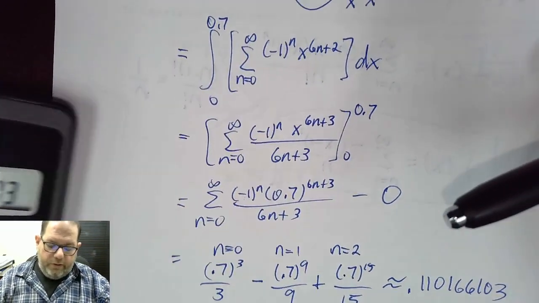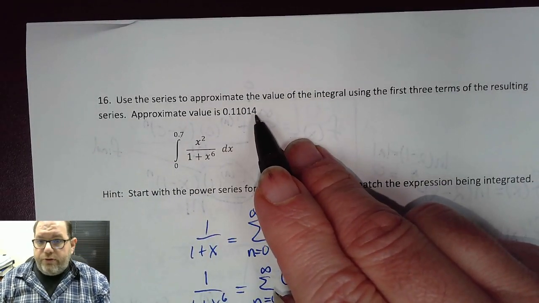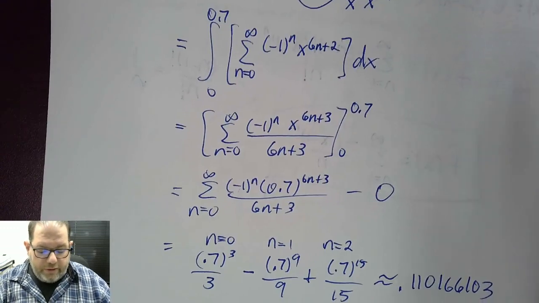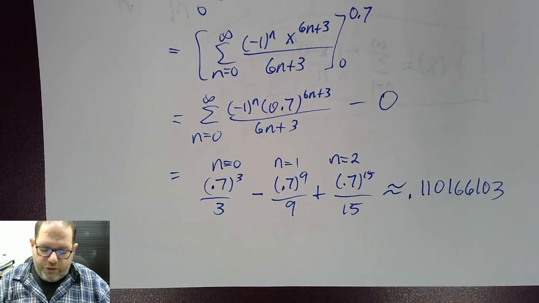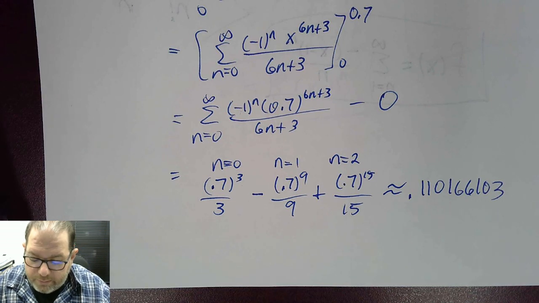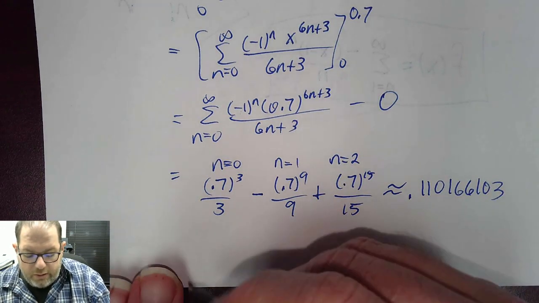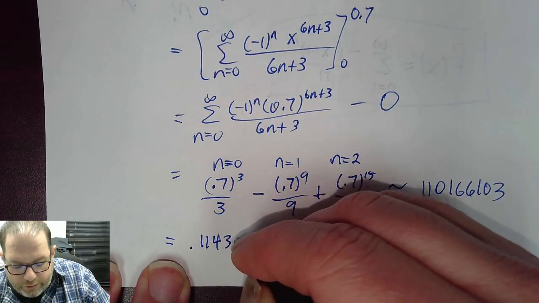Now, compare that to the actual answer. We actually got a pretty good amount of accuracy. And I didn't write down the individual results here because we didn't want a specific level of accuracy. But if we look at these numbers, 0.7 cubed divided by 3 is 0.114333.